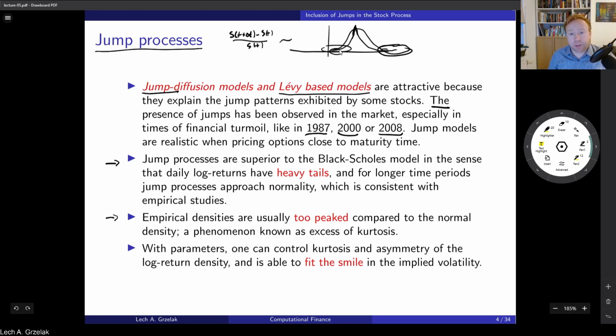Depending on that, we can control the tails, left or right, and that could give us a better fit to the implied volatility smile or skew. If we have large jumps, that would generate higher prices, the stock could go much higher, and that would affect the implied volatility smile in the far end.